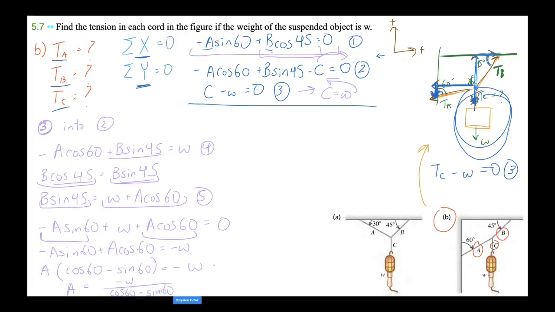All right. So what is that? Let's plug that into our calculator. So cos 60 minus sine 60.